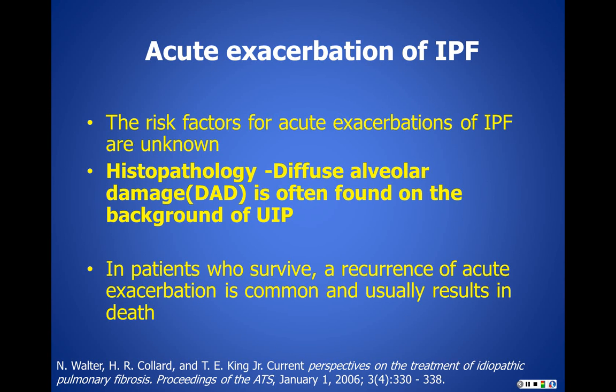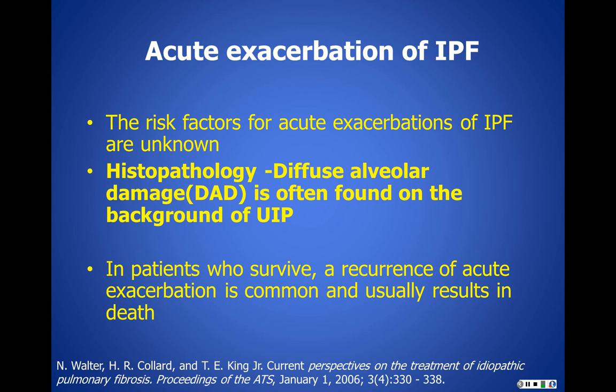This question came when I restudied for IM boards. So people who restudy for IM boards, please remember this question. They ask about acute exacerbation of IPF in internal medicine boards, and histopathology was the question there. Diffuse alveolar damage on the background of UIP.